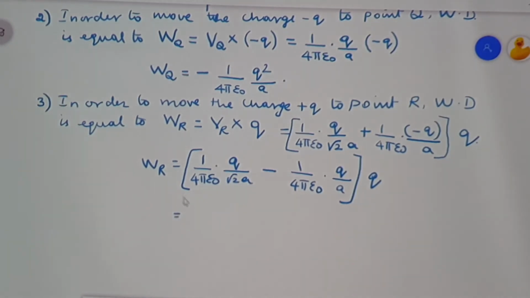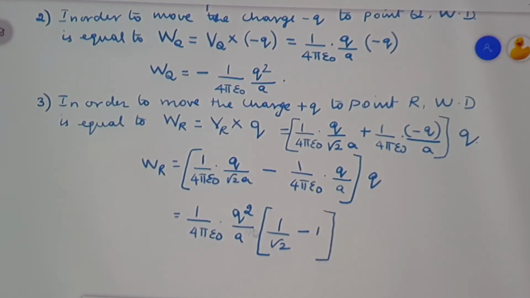Now you take the common factor. 1 divided by 4 pi epsilon 0 into q divided by a can be taken as common. Here you are having another q, so I can write it as q square. Then how can I write the answer? Here you are having 1 divided by root 2, and minus, when you are taking this term out, you can write it as 1.